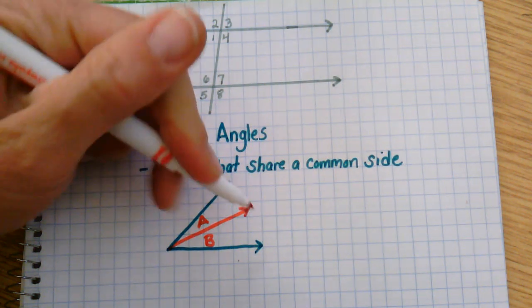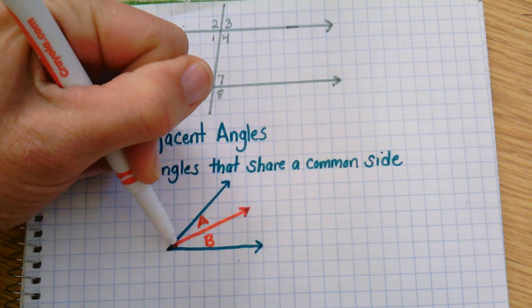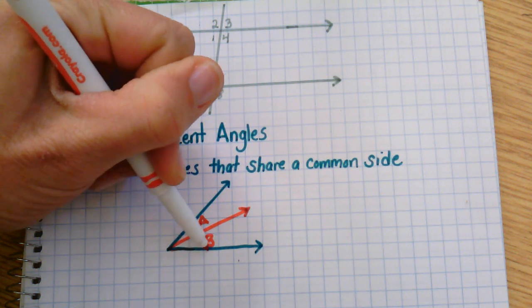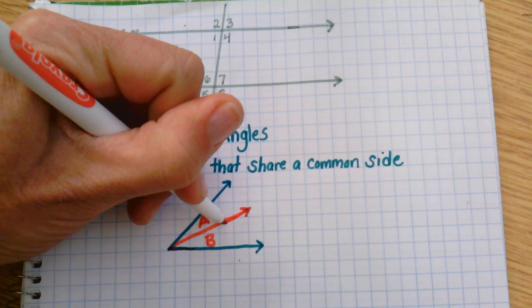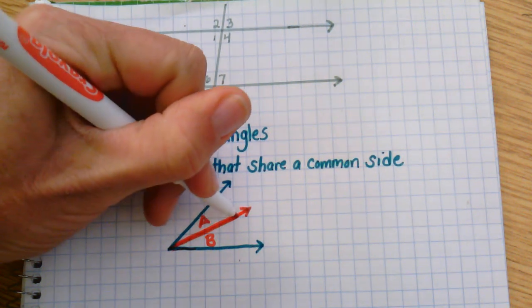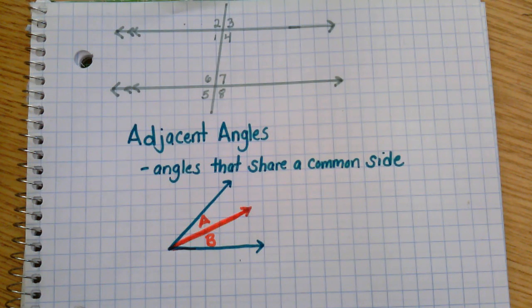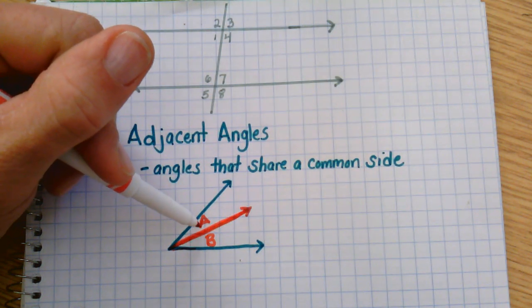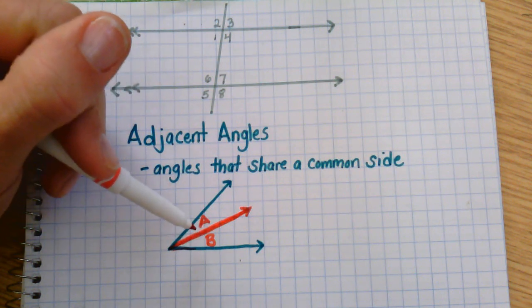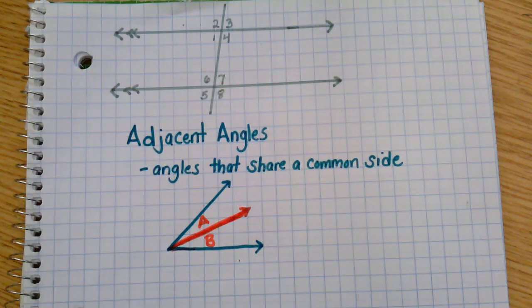Angle B also has this red ray and then the teal ray down at the bottom. So they share this common side. Angles A and B are adjacent angles. I like to think of them as next door neighbors. They are right next to each other. In fact, they share a side because they're so close.